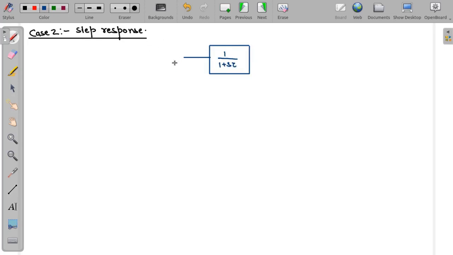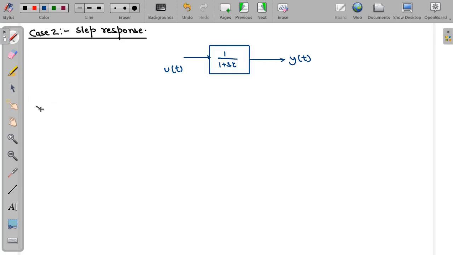So the input will be u(t) and the output we have to calculate. The output that we get when we apply a step input is known as the step response.